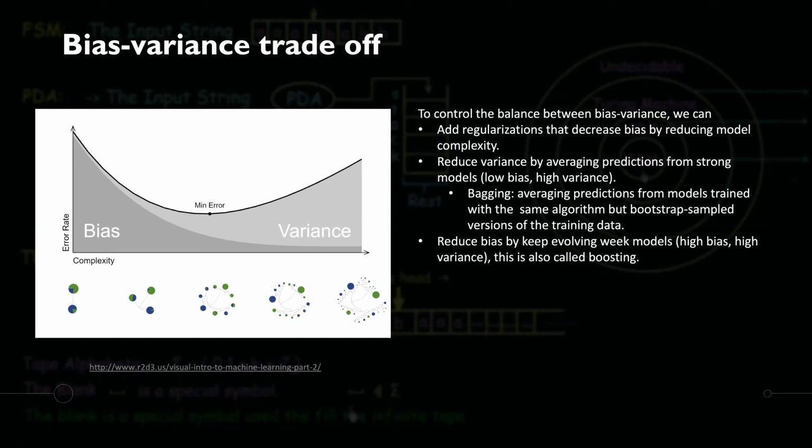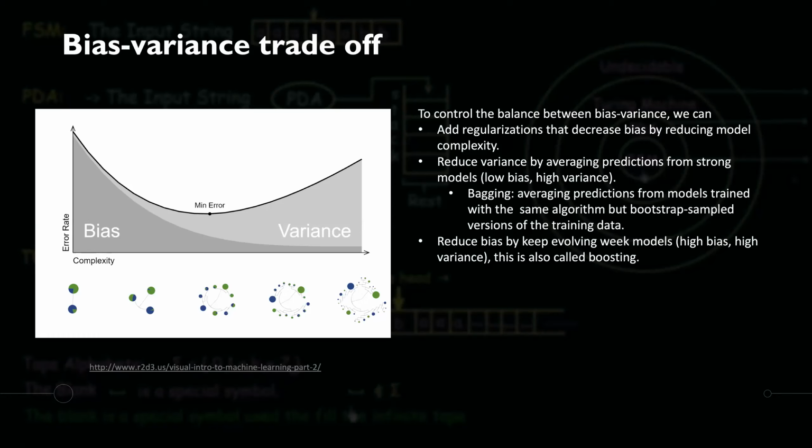The third way is that, instead of using strong models with low bias, we can train many small models, less complicated models, and we want them to be a little bit conservative.